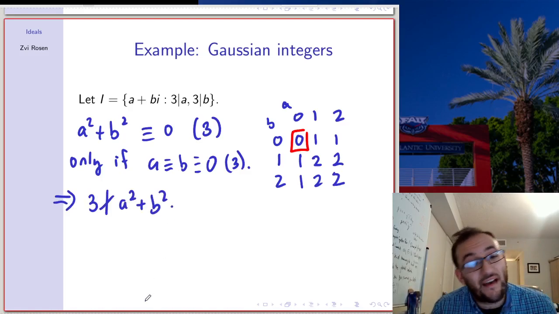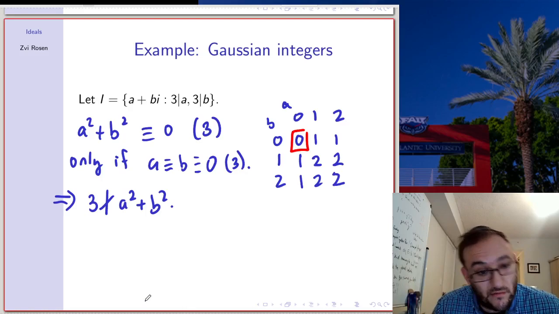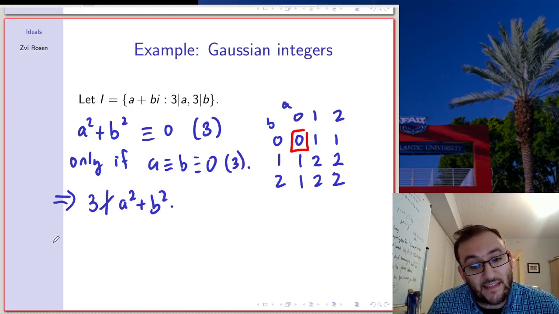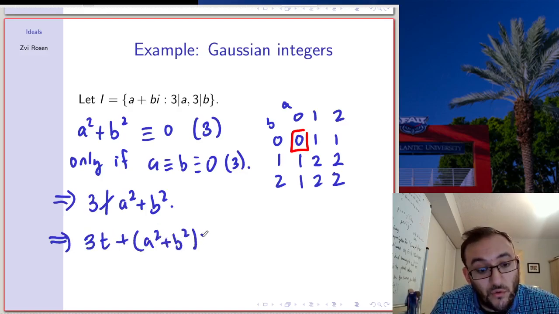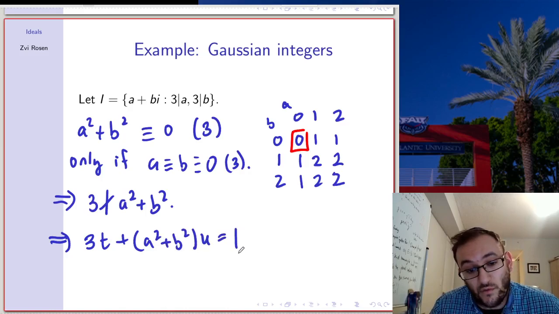But when you have two positive integers that are relatively prime, I can combine them, so I'll have some way of writing 3t plus (a squared plus b squared)u equals 1.